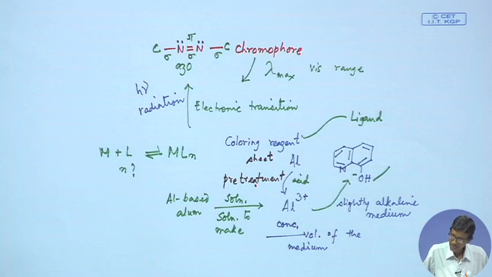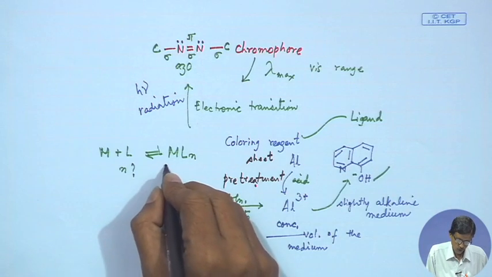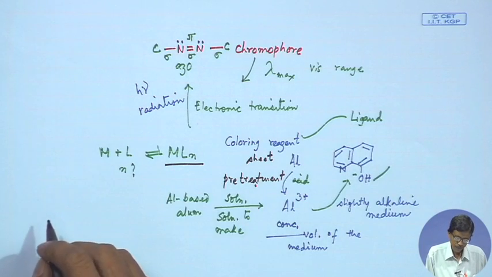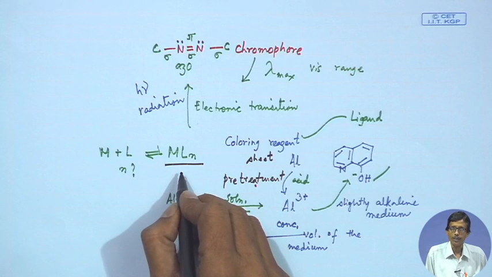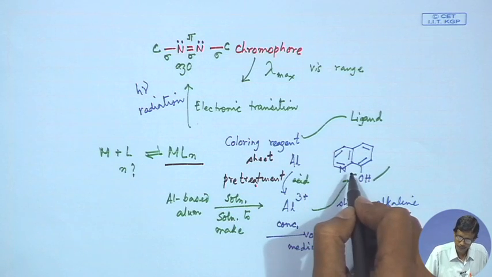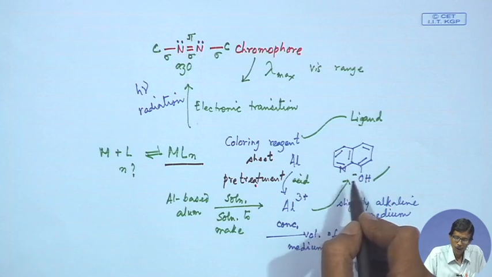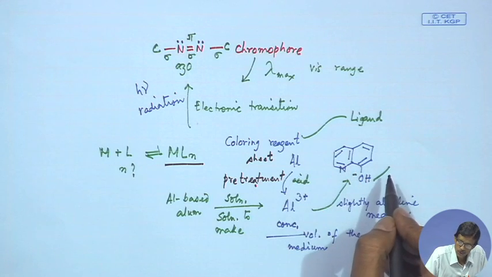So, if this ligand is there, and we should also know, because once we know this and once we know the formula of this MLn, because the stoichiometry is important, whether the metal ion Al3 plus is reacting with that particular ligand in a stoichiometry of 1:1 or 1:2 or 1:3.